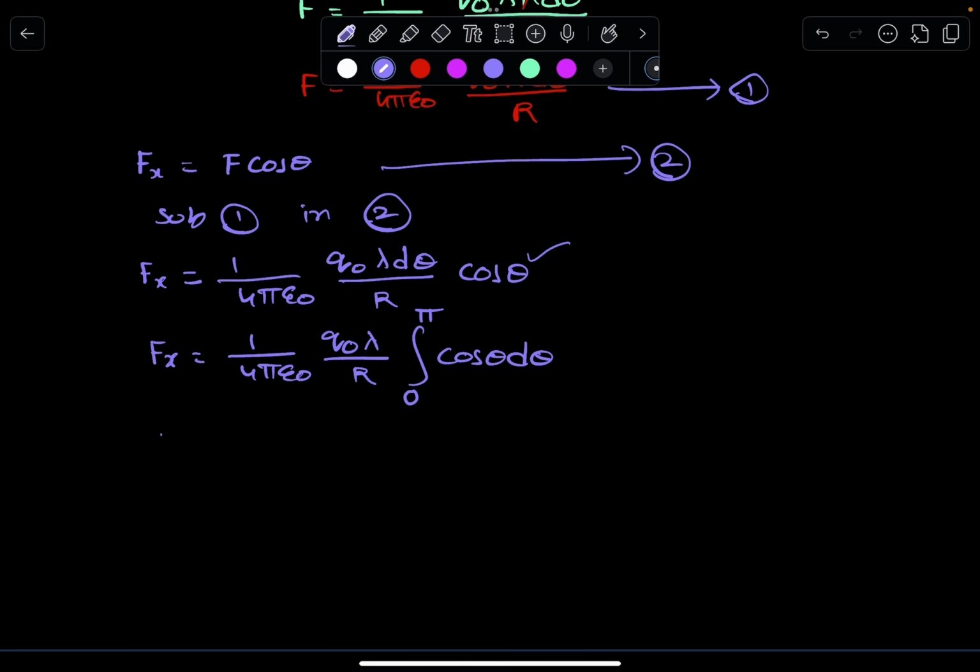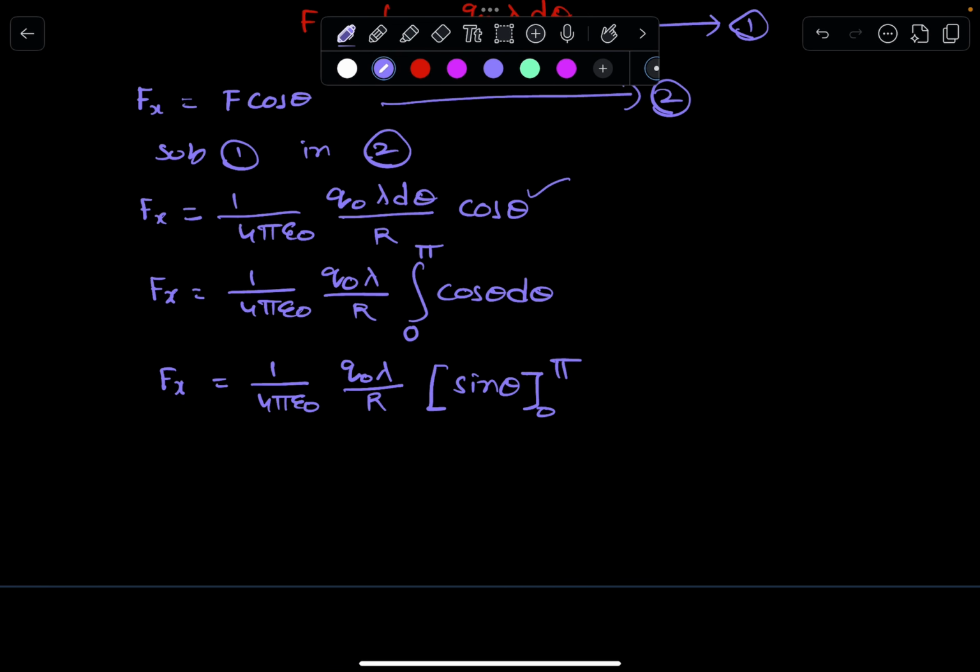Yes. So the next step, the force along the x-axis is equal to 1 by 4 pi epsilon naught into q naught lambda by r into sin theta, which is varying from 0 to pi. So this expression we can write like this: 1 by 4 pi epsilon naught into q naught lambda by r into, first I am going to substitute pi, so sin pi minus sin 0.